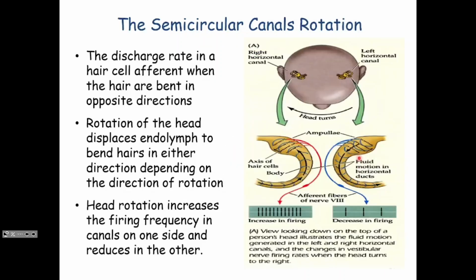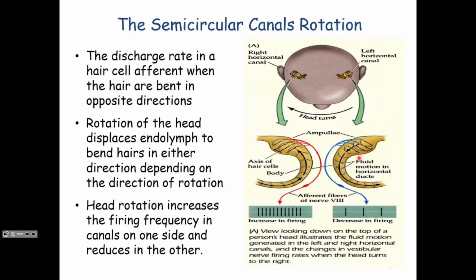Yeah. The activation and inhibition happens for the other canals too, but in a different axis. When you are moving like this is your horizontal. When you are moving like this, your superior. When you are moving like this, your posterior.